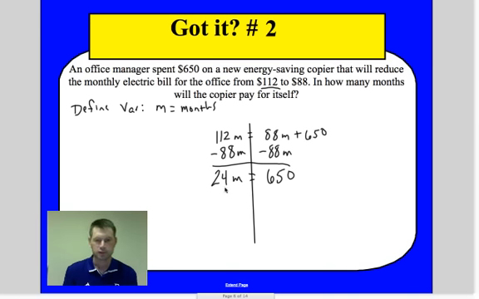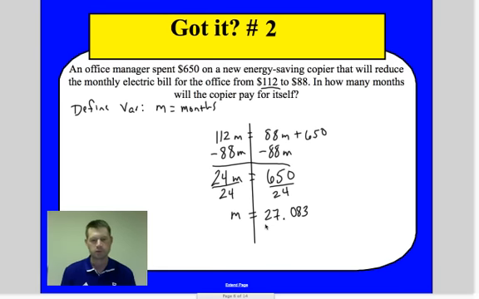I want to figure out how many months, so I'm going to divide by 24. I get 1m, and 650 divided by 24 comes out to be 27.083. Okay, so how many months will it take?